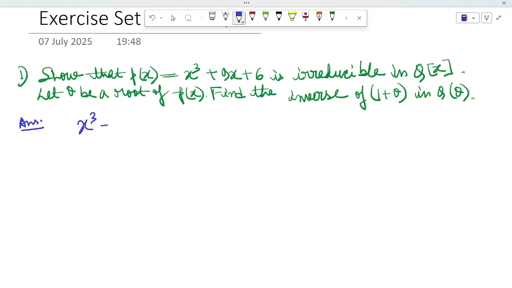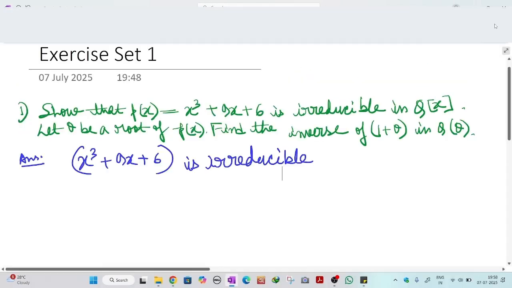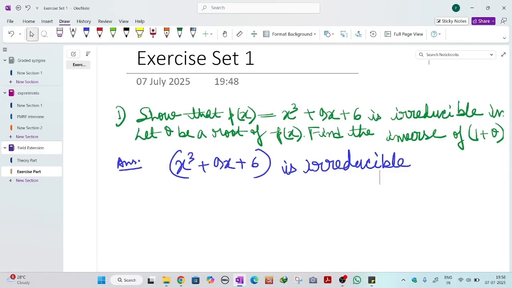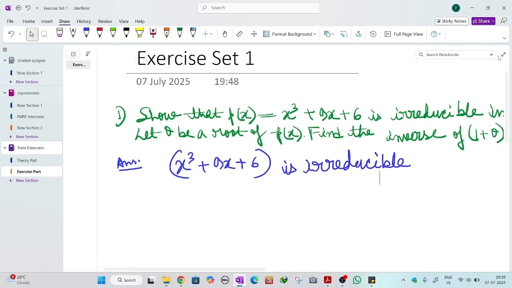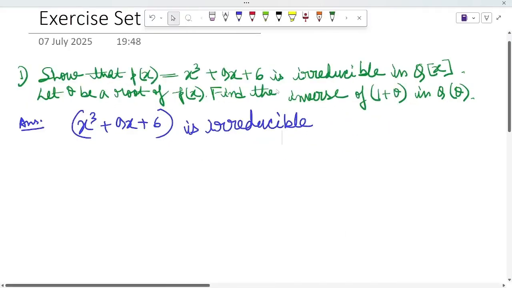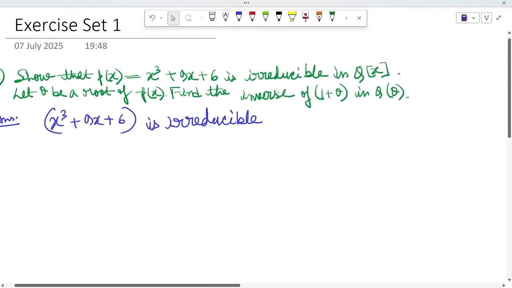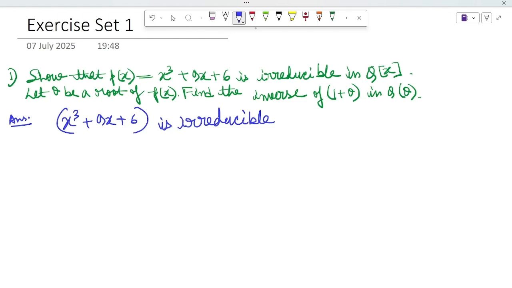So x cube plus 9x plus 6 is irreducible in Q[x] follows from Eisenstein criteria, right?